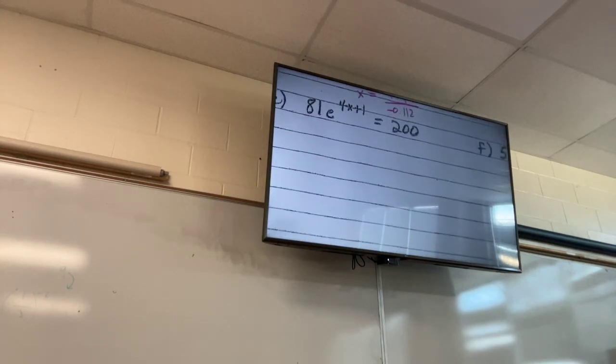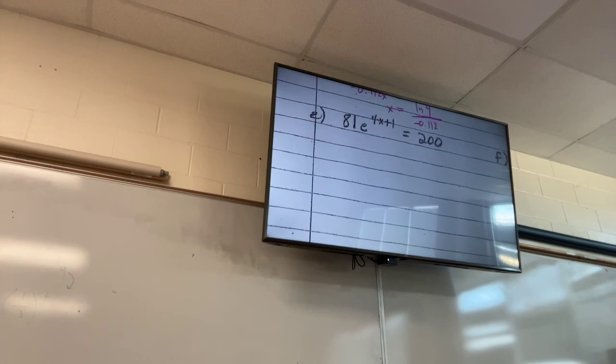Alright, this e here. We have to get just the part with the exponent by itself first, so we're going to divide by 81 on both sides. So we have e to the 4x plus 1 equals 200 divided by 81.